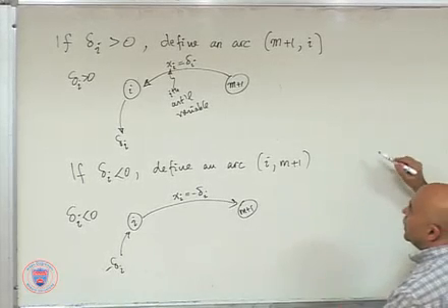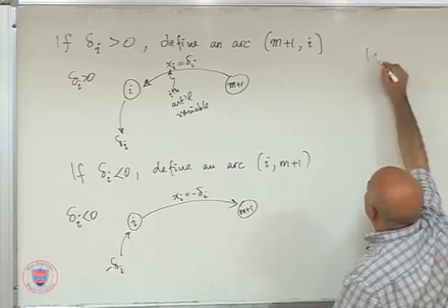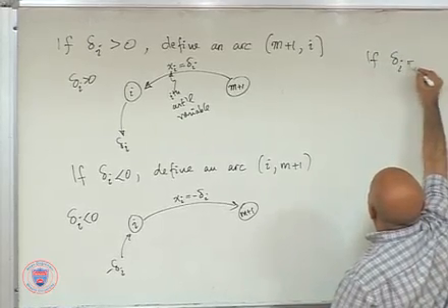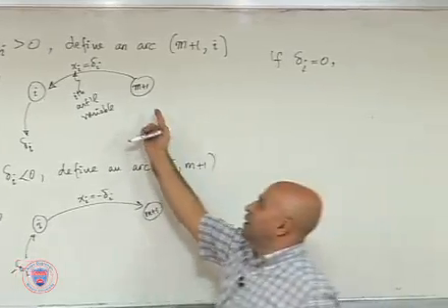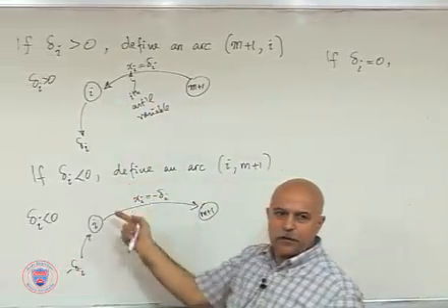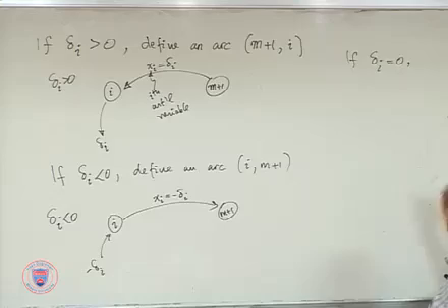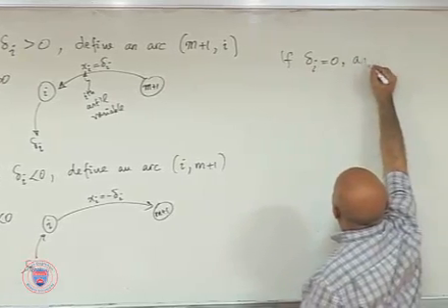If delta i equals 0, then you can assign either an arc of the first form or of the second kind. So it doesn't really matter.